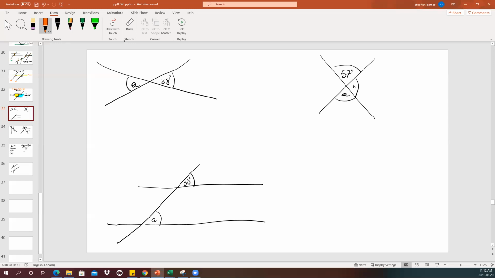So we have an angle around a point right here. I just highlighted my point. What we have here are vertically opposite angles, right?